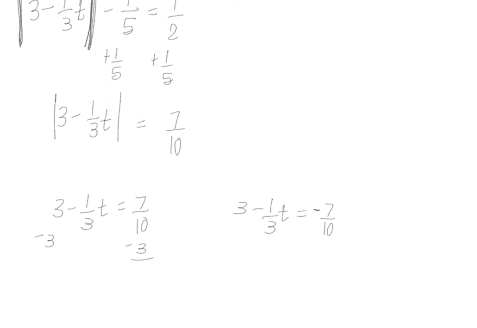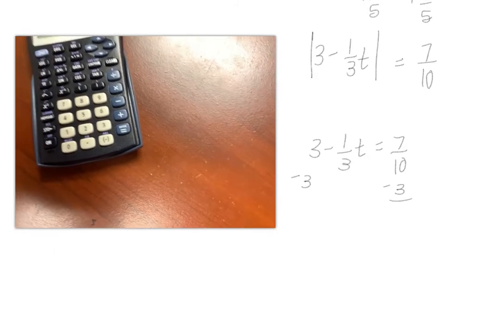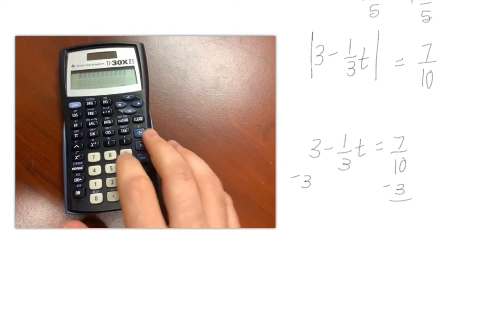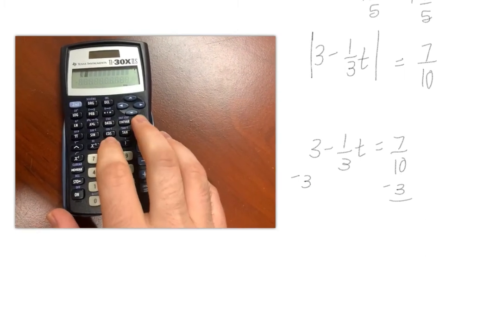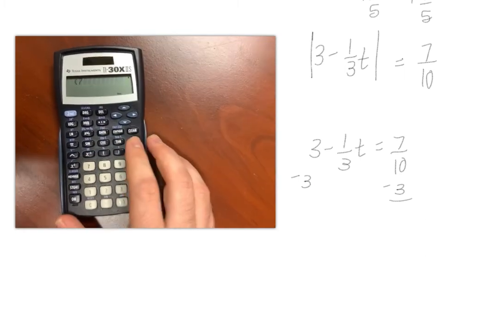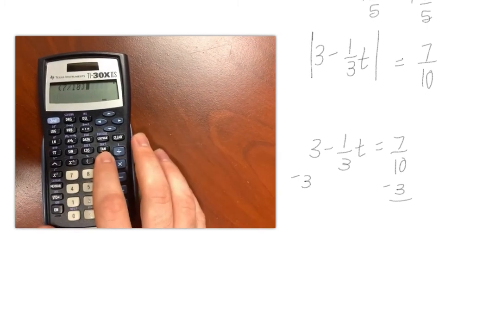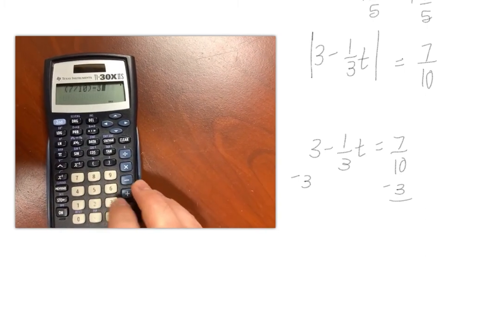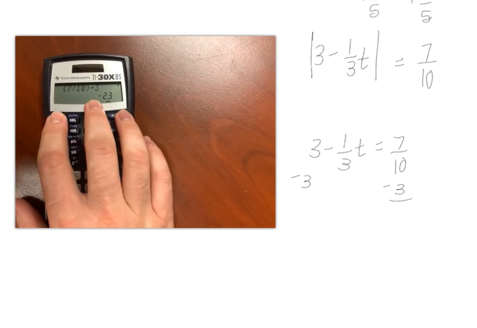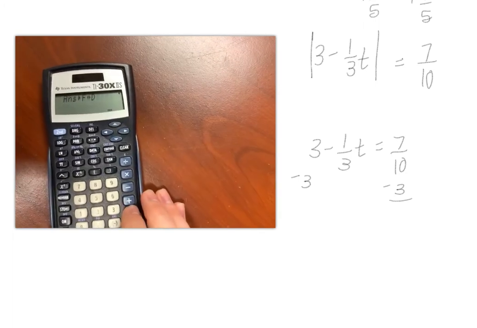And let me just show you what I'm doing here on the calculator. Okay, so we got 7 over 10 minus 3, so we'll just say parentheses 7 divided by 10, close parenthesis, minus 3. Press second, FD.